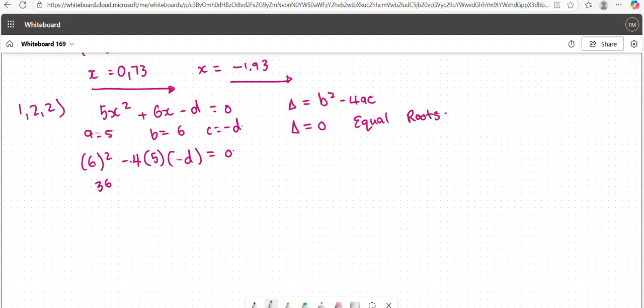So it's 36, a negative times a negative will give me a positive, so that's a positive 20d equal to 0. Take the 36 over, negative 36, divide by 20, divide by 20, and so d is whatever fraction that is simplified.